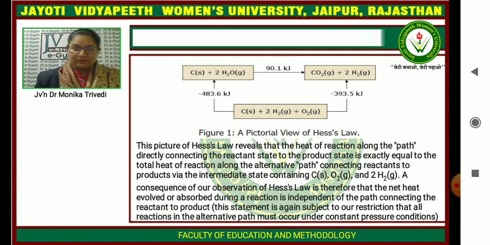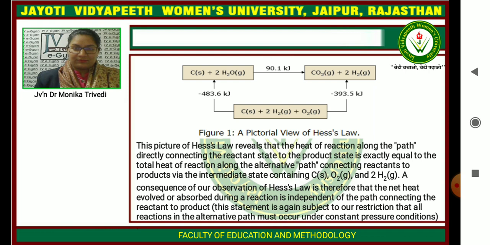The reaction arrow connecting these boxes is labeled with the heat of this reaction. Now we take some material and place it in a third box which contains carbon, O2 and twice mole of H2 gas. Okay, what happened here?